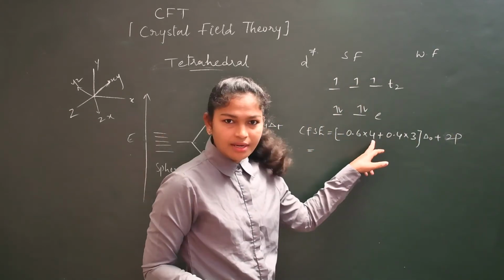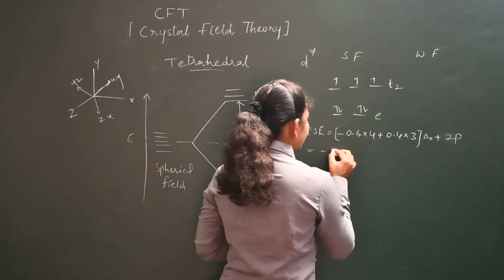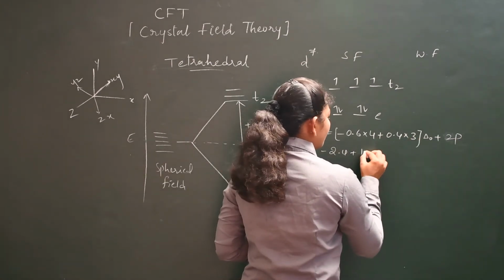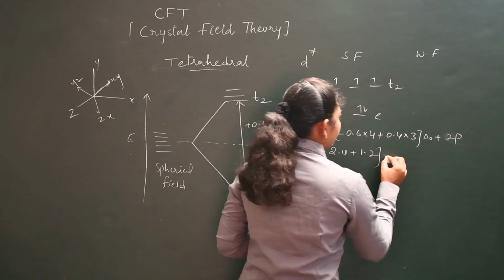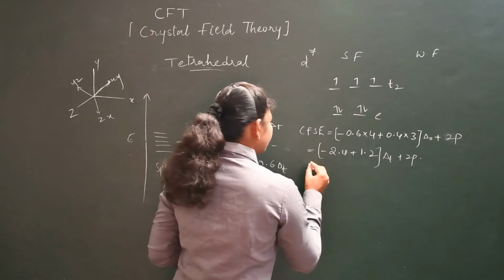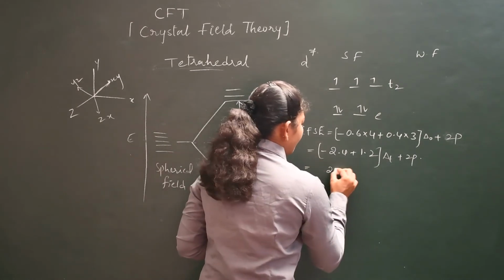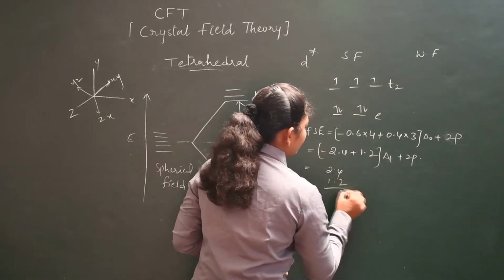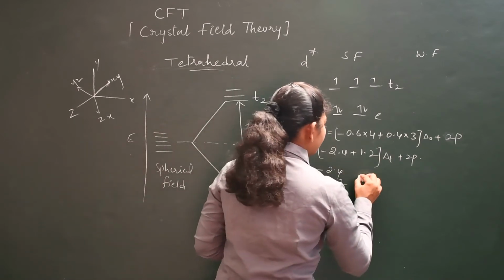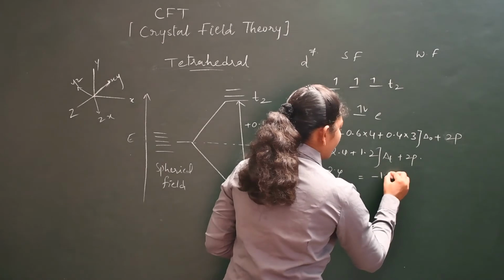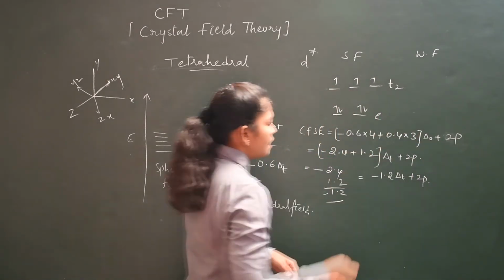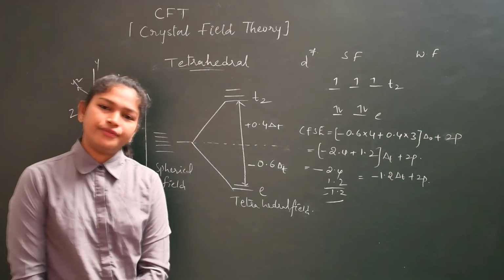So 6 fours are 24, minus 2.4, plus 3 fours are 12, 1.2, delta T plus 2P. Then 2.4, 1.2, so you are going to get minus 1.2 delta T plus 2P. This is for strong field.